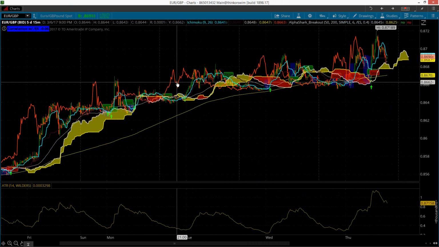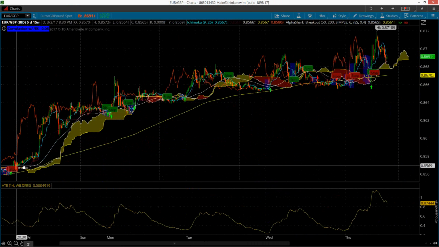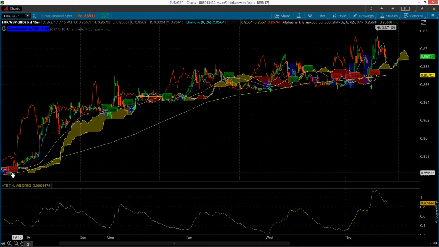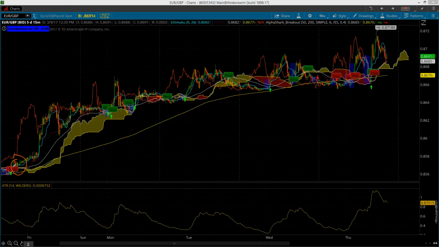What happened? Every time, and here's the first break to the upside on Friday or Thursday night, every time we broke the cloud to the upside, we saw good follow through.